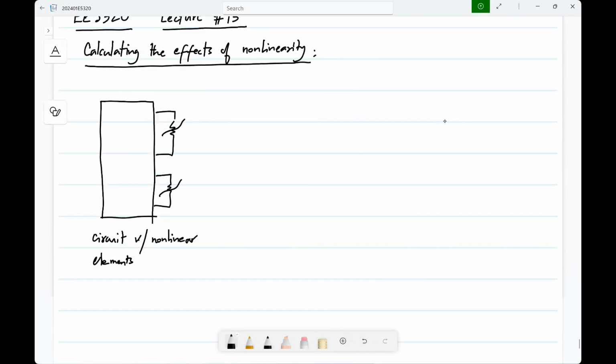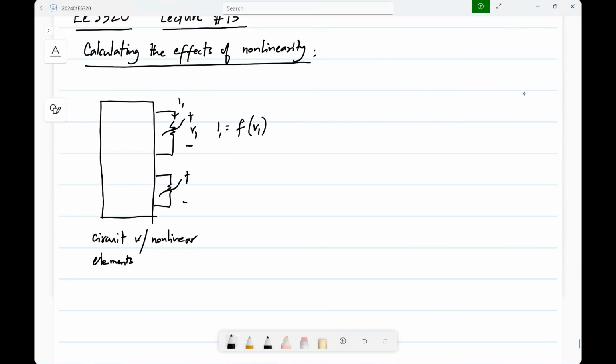And I'll assume that both are represented as, the IV characteristics are represented as currents as a function of voltages, but it could be the other way around also.